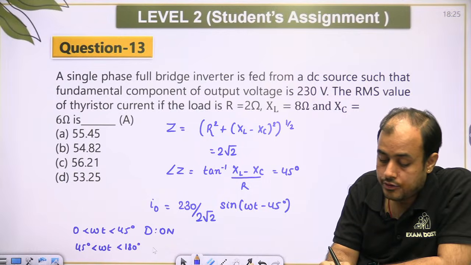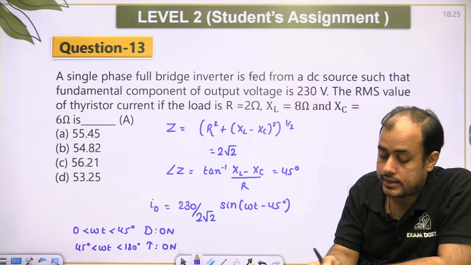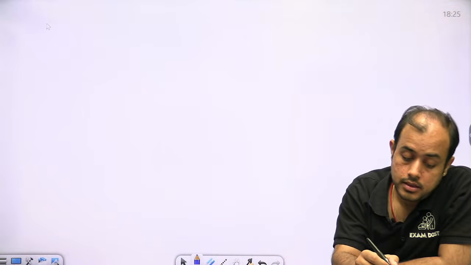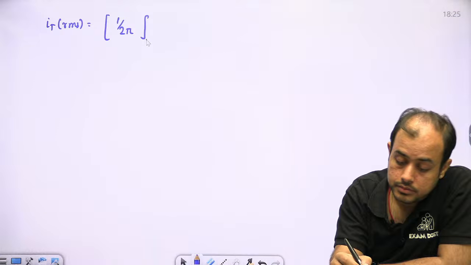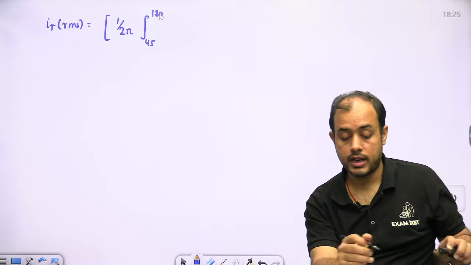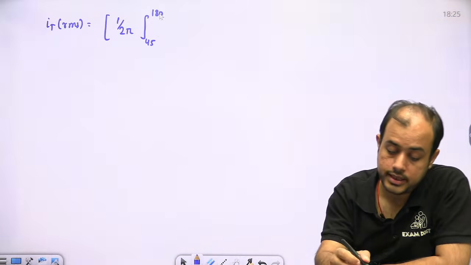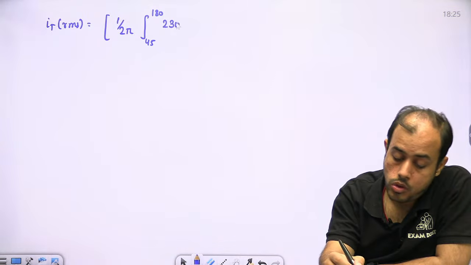From 45 to 180 thyristor is on. So what is thyristor RMS? So what is the square of the current? 230 square by 8.